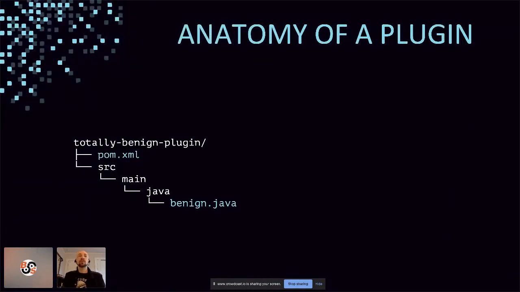Now, let's have a look at what the plugins actually look like, right? What I did here is I took the example plugin that was available from SonarSource, made a copy, analyzed it, figured out how it worked, and then I just trimmed it down to the bare minimum. So this is like a minimum viable plugin, if you will, for this exploit. And when it comes down to it, there are only actually two files you need, plus a little bit of scaffolding.